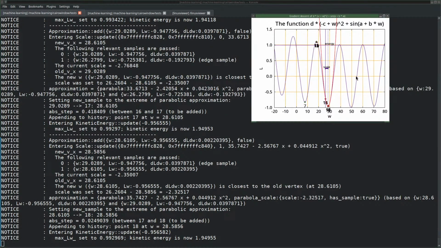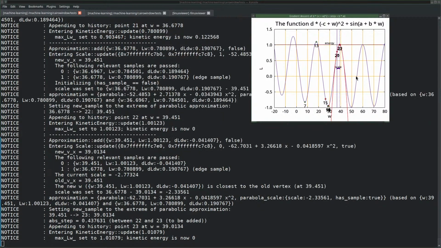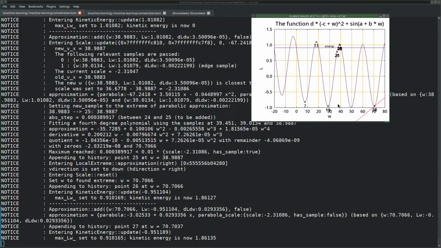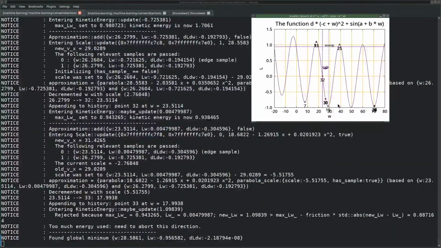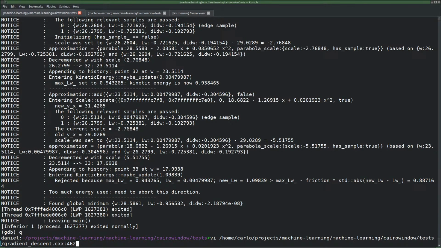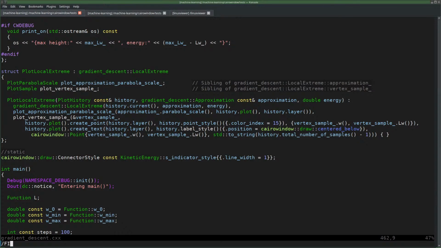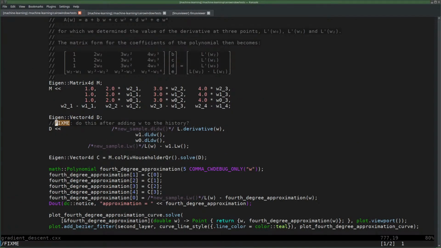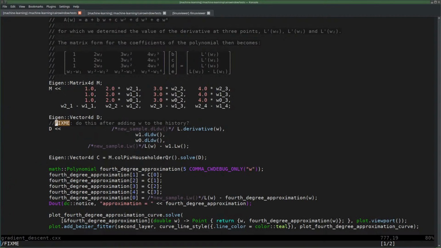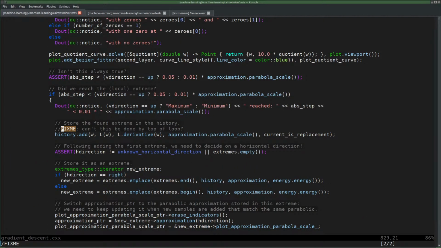And there, all the extremes, the local extremes get a green thingy. Okay, fun. Yep.